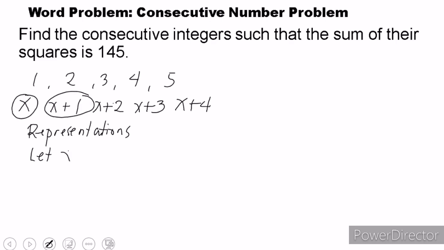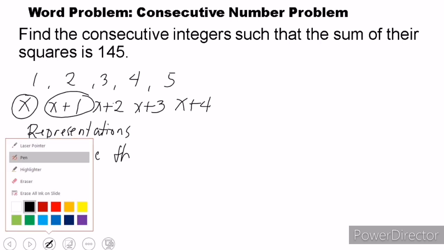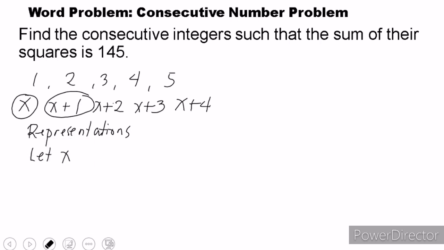So, let x be equal to the first integer, at yung kasunod ng x ay x plus 1, and x plus 1 be the second integer. Okay. So, lagay na natin siya into equation para makapag-solve na tayo.